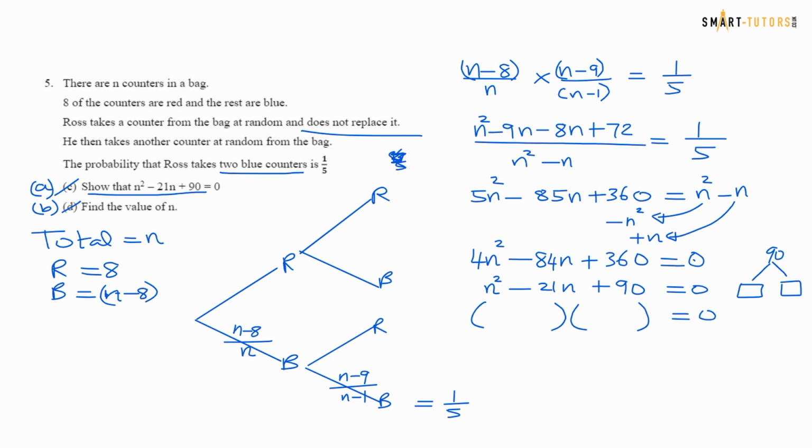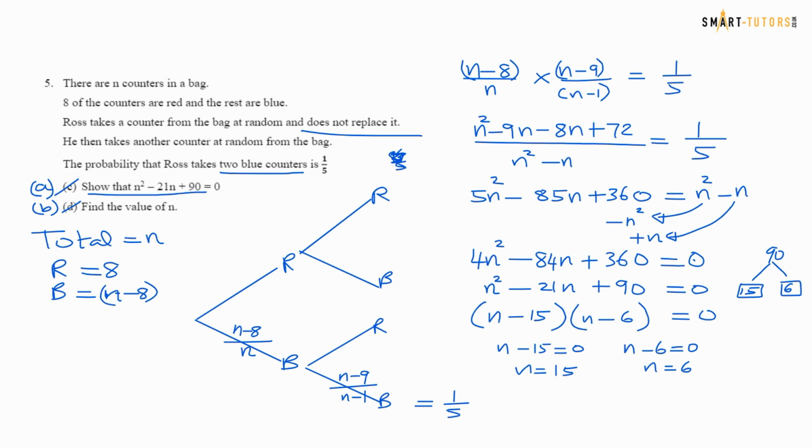I roughly know the answer, 15 and 6, right? 15 times 6 is 90, 15 plus 6 is 21. So n minus 15, n minus 6. So n minus 15 equals 0 and n equals 15, and n minus 6 equals 0 and n equals 6.